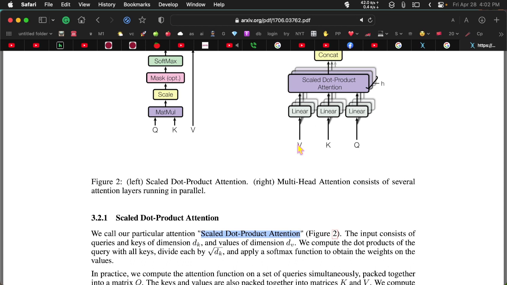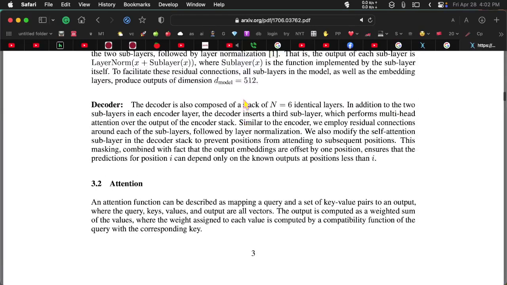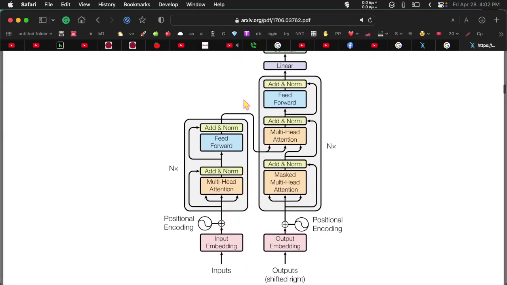And that in turn creates a matrix O, which is then sent over here to the feed forward network.